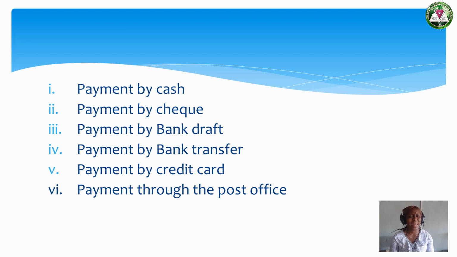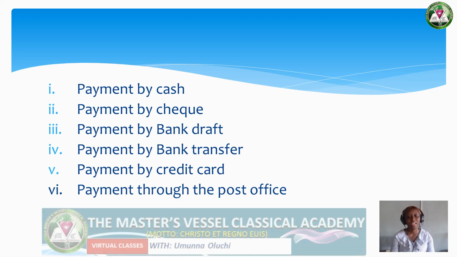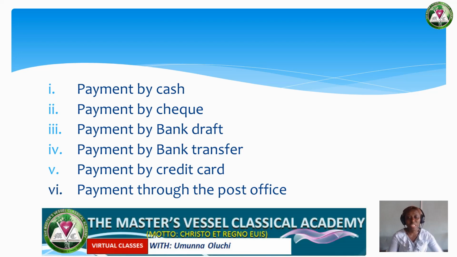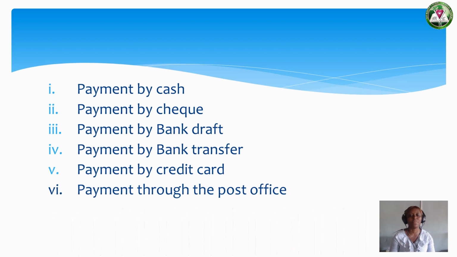Then payment by bank draft. What is a bank draft? A bank draft is a check written by a bank on itself or its agent. It is just like a check, but this one is a check from a bank. They are writing it on their own behalf and on themselves, meaning that it cannot be rejected.